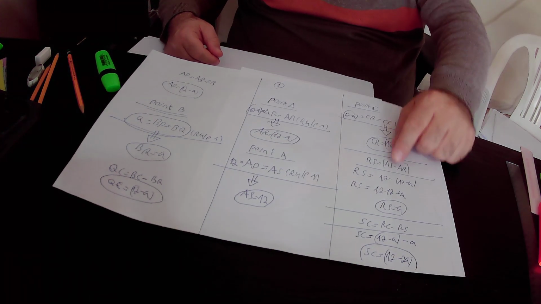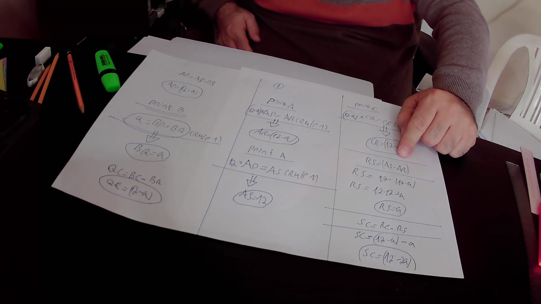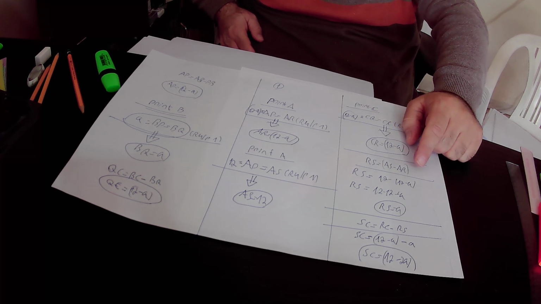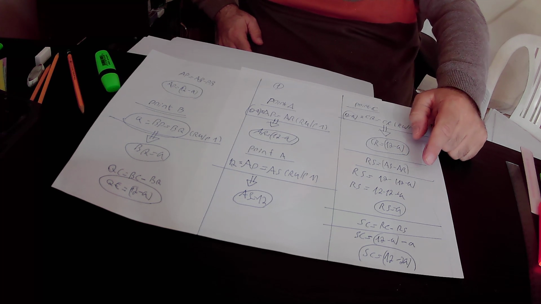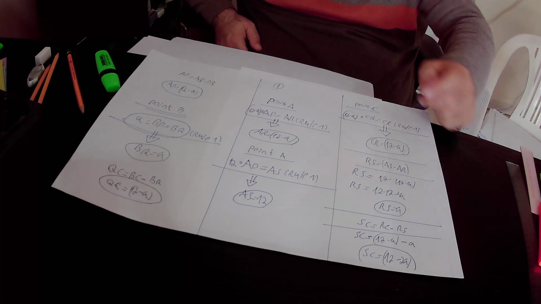I repeat again, the length of line segment RS equals AS minus AR, but AS equals 12 units, AR equals 12 minus A, so in conclusion we found out that RS equals 12 minus (12 minus A). We open the brackets and we get that RS equals 12 minus 12 plus A. 12 minus 12 is 0. So in conclusion we found out that RS equals A.